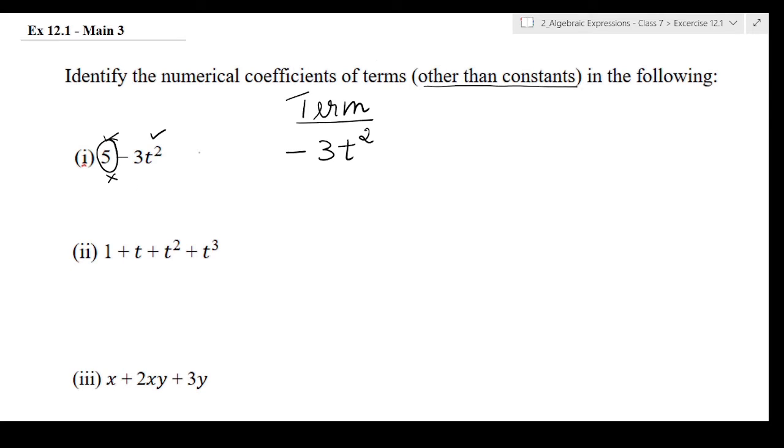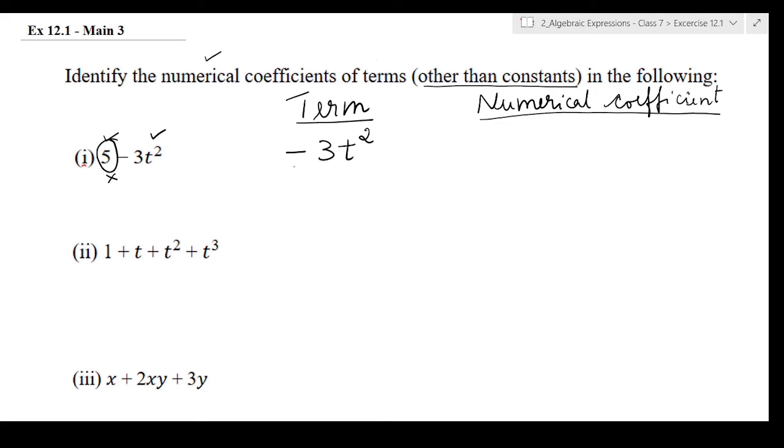Now, what have they asked you to find out? They've asked you to find out the numerical coefficient. What is a numerical coefficient? Number coefficient. So we need to identify the numerical coefficient of the term which is not a constant. We have written the term minus 3t square.